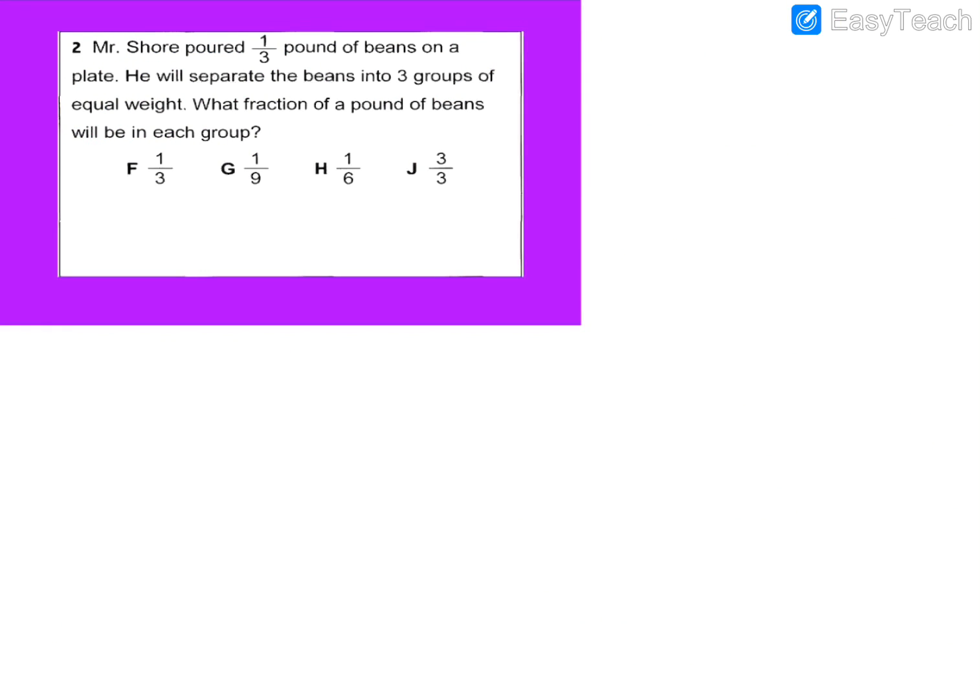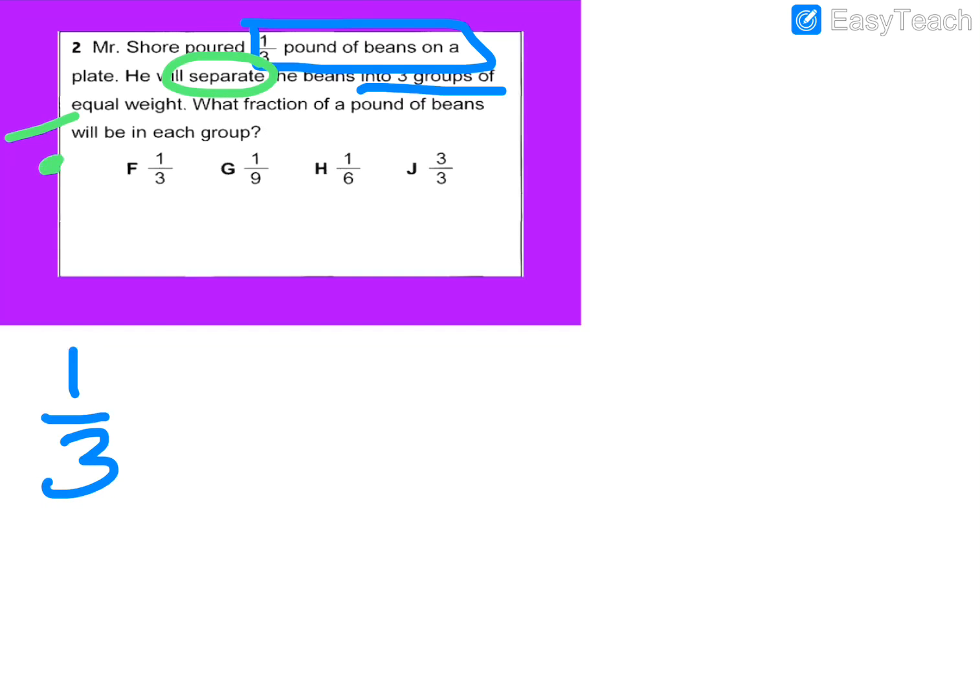Mr. Shore poured 1/3 pound of beans on a plate. He will separate those beans into 3 groups. So it looks like we are starting with 1/3, and then he wants to separate. So the word separate, of course, indicates division. We're going to separate that into 3 groups. And so we could model that.